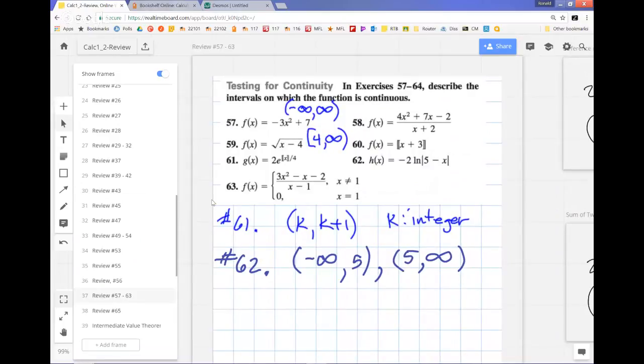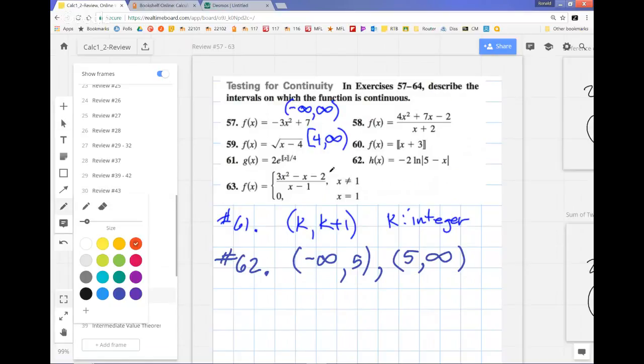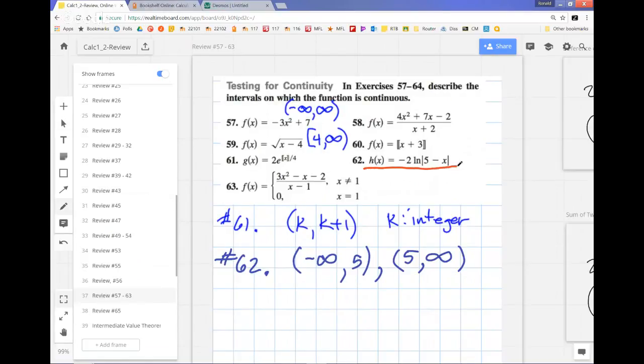In exercises 57 to 64, describe the intervals on which the function is continuous. All right, 62 is this one right here. So h of x equals -2 times the natural log of the absolute value of 5 minus x. You can take the natural log of just about anything.